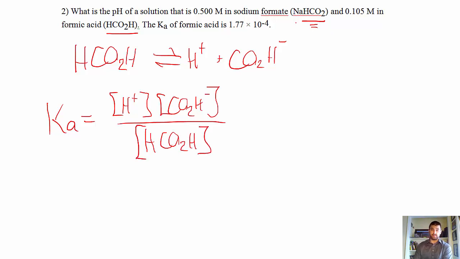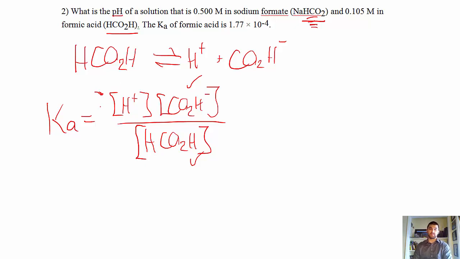Well, they gave us how much sodium formate there was, which is going to give us the common ion. So that we know right there. They tell us the concentration of our acid. So we're trying to solve for the H⁺ so that we can get the pH from that.